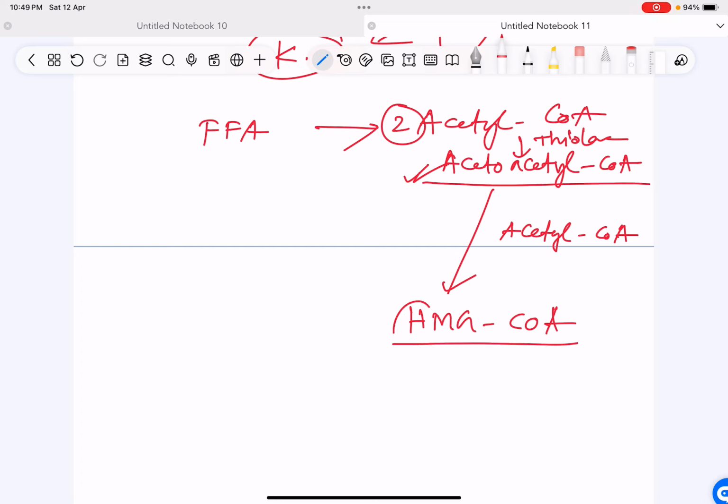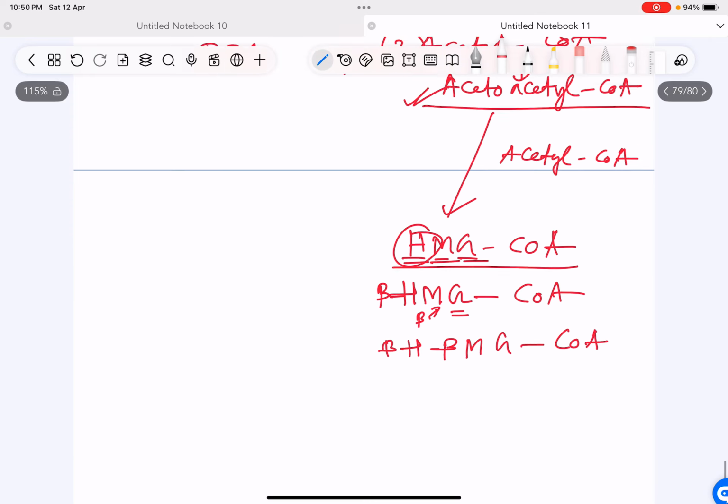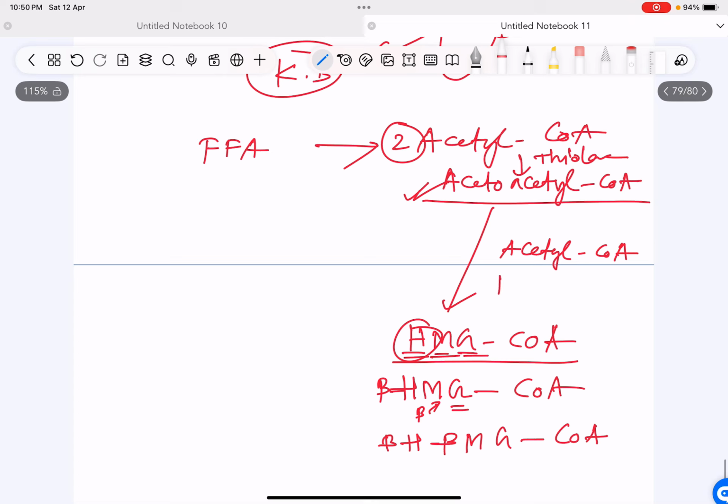The full form is hydroxy methyl glutaryl coenzyme A. Complete name is beta hydroxy beta methyl glutaryl CoA, and the step is done by HMG CoA synthase, which is the rate limiting enzyme of this reaction.